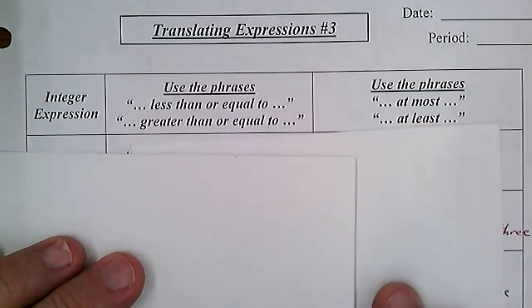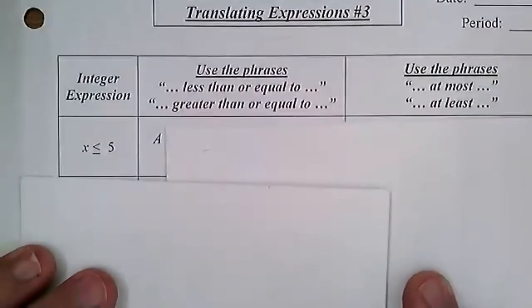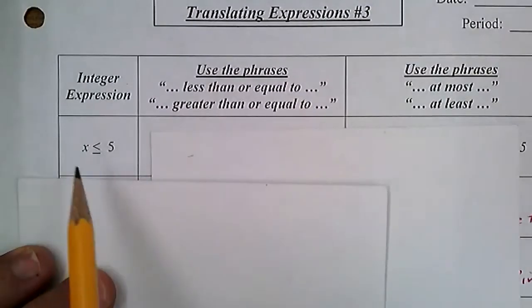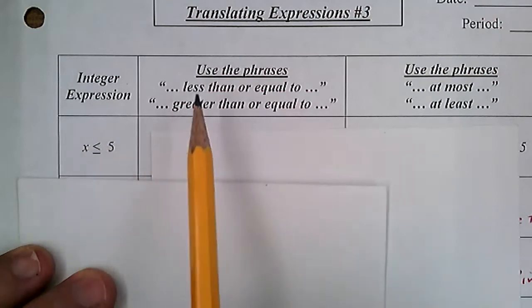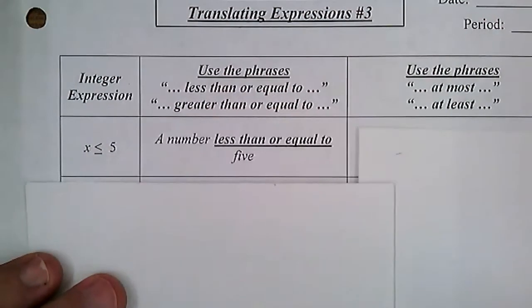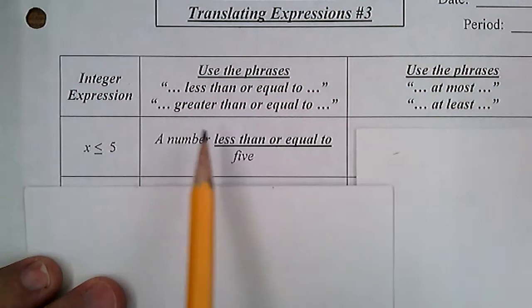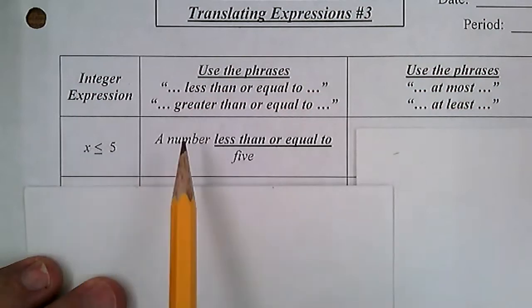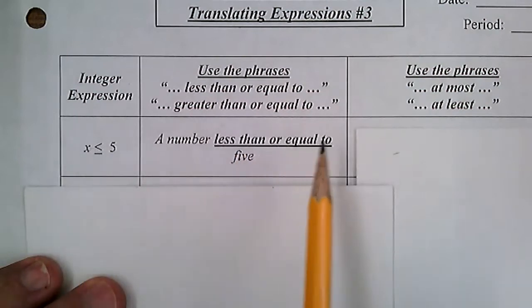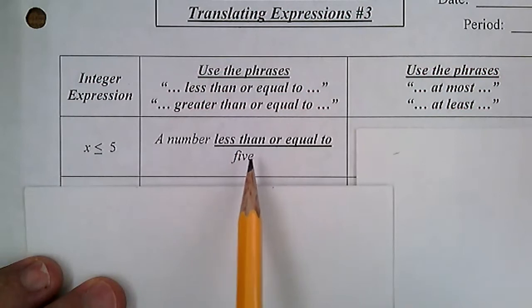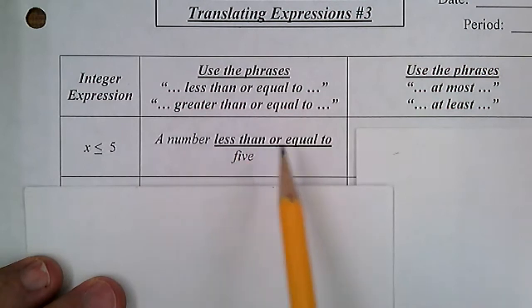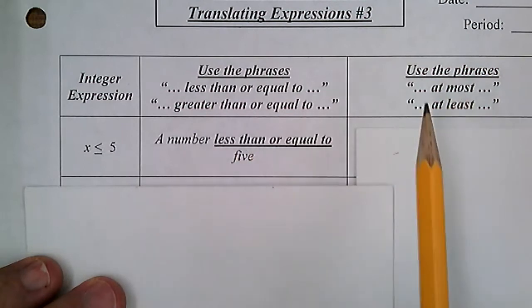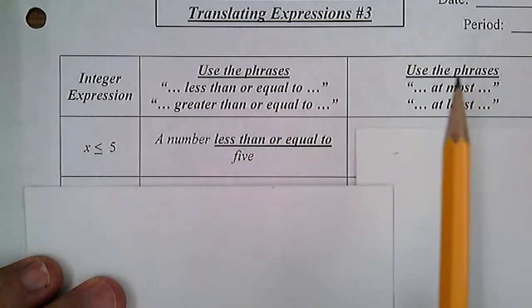Okay, so on this first one, we'll do this together. So here's our expression. We have a variable. X is less than or equal to 5. So that would be a less than or equal to. So we would write it, a number, right? We don't know how much. A number less than or equal to 5. Now, if we are using the phrase less than or equal to, which one are we using over here?